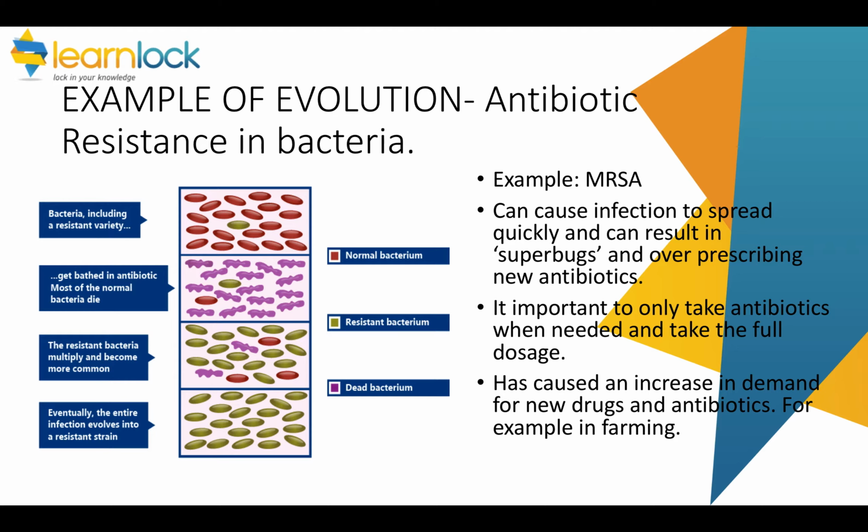Now, MRSA was an infection that spread in hospitals very quickly because it became adapted and the bacteria could not be killed by that antibiotic. So new antibiotics have to be created all the time. This is a problem because it can cause infection to spread quickly and result in superbugs where there's bacteria that just can't be killed.